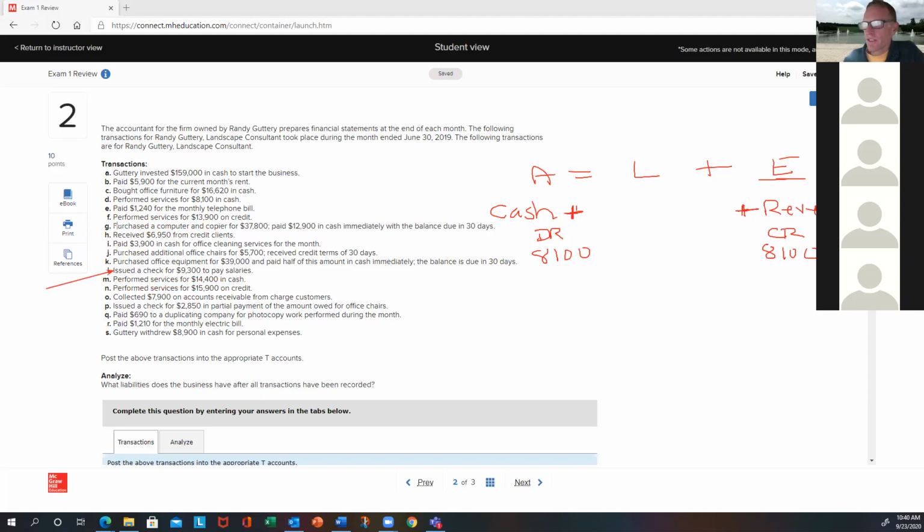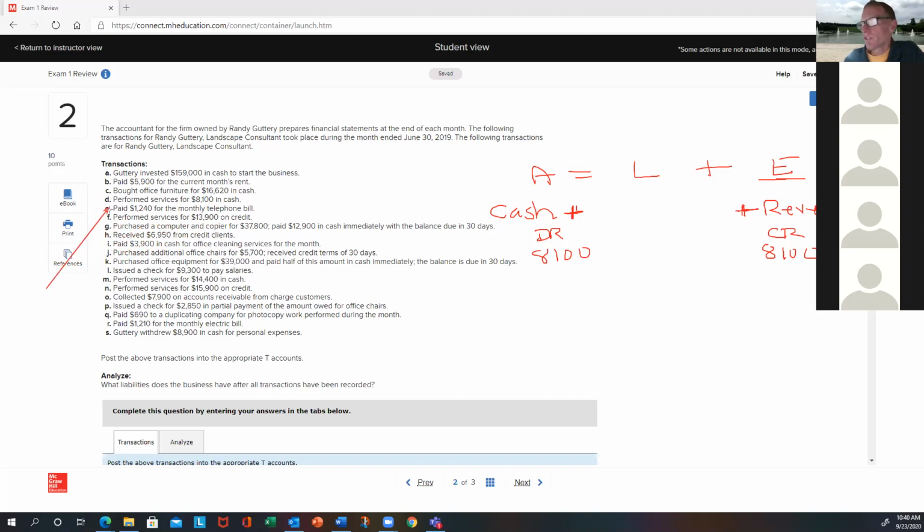So the reason I'm showing this is that once you get this down, you'll see this repeat over and over again. There's a lot of repetition. That's how it works in accounting. You often have recurring types of transactions. So letter D happens to be a cash revenue. When we get to letter F in a moment, we'll show you how that becomes what they call a credit revenue, and we'll show you how that works, if you have any problems with that.